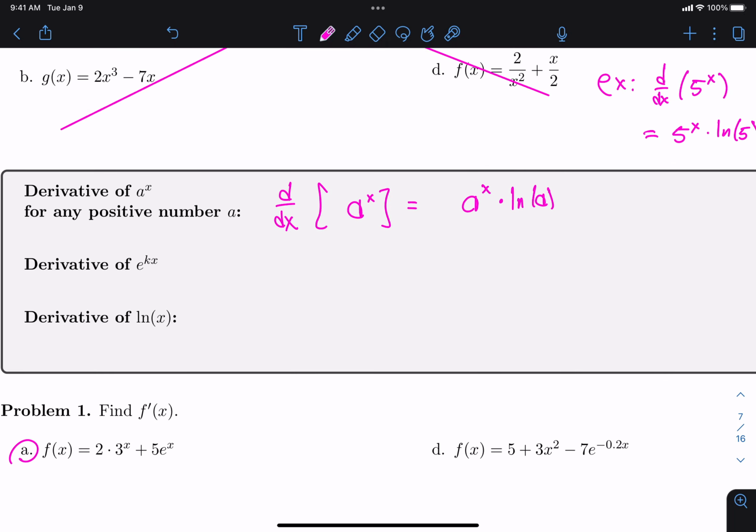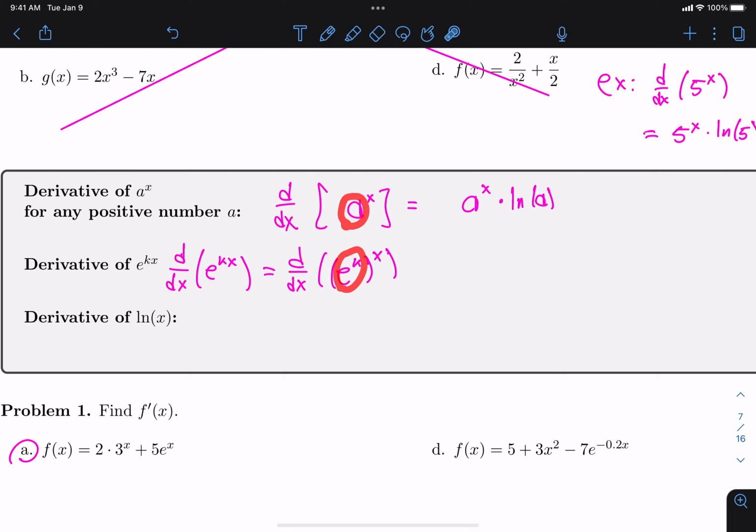And for e to the kx, we can use the previous rule to figure out what this is going to be, quite simply. If I want to do the derivative of e to the kx, I can rewrite that as the derivative of e to the k, which is just a number, to the x. So I can use the previous rule where I let a just be this number e to the k.